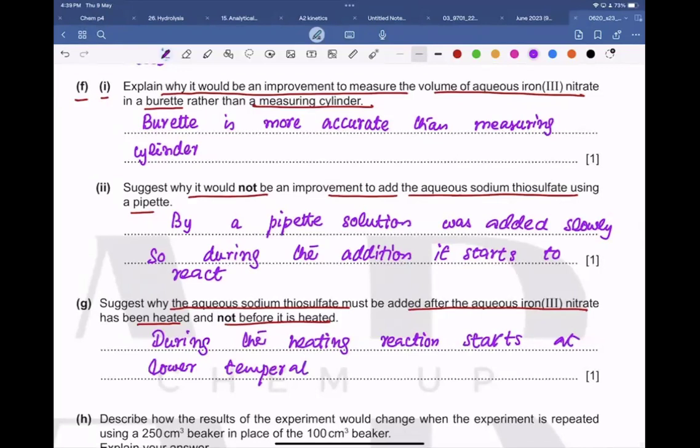See, for example, we need to raise the temperature to 50 degrees Celsius. But when we add it and we are heating and waiting till the temperature reaches 50 degrees Celsius, it is very highly possible that after a rise of 1 degree Celsius, the reaction starts to happen, right? So that's why we first heat it, we maintain the higher temperature, and then we mix both the things. Is this clear to all of you?